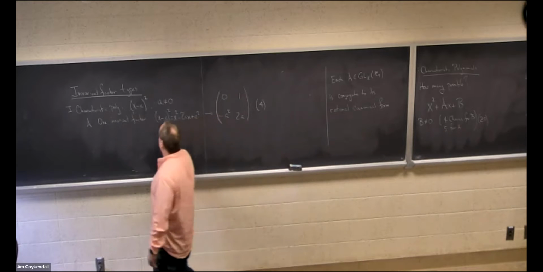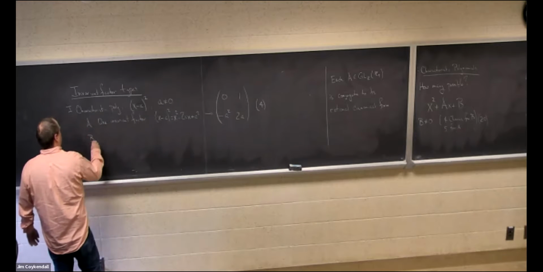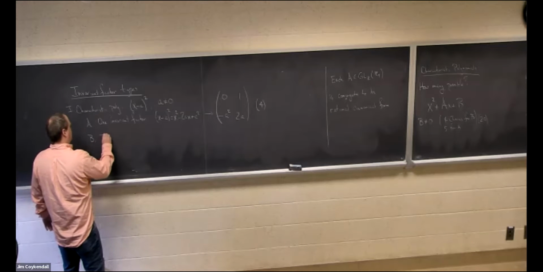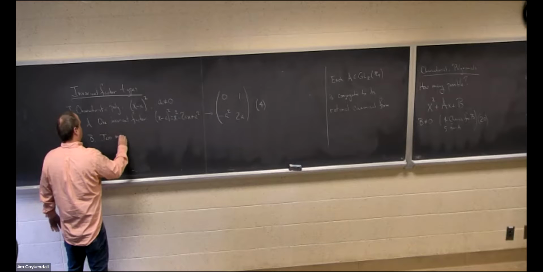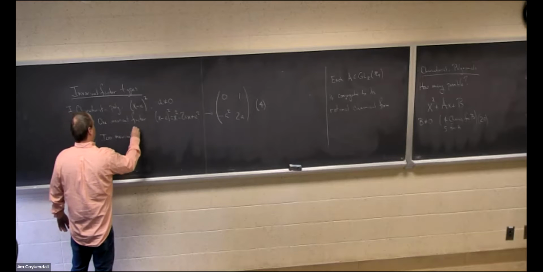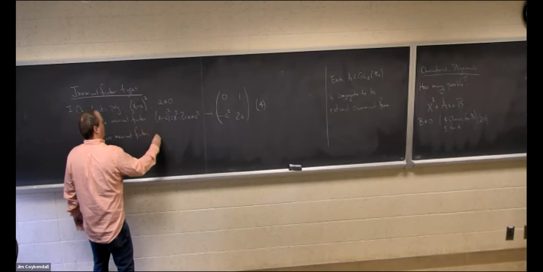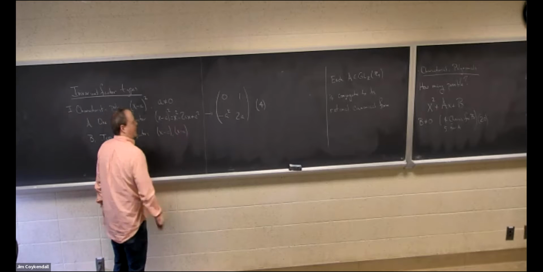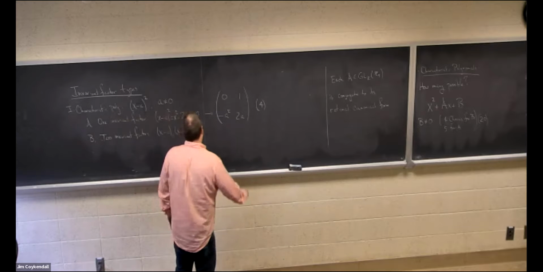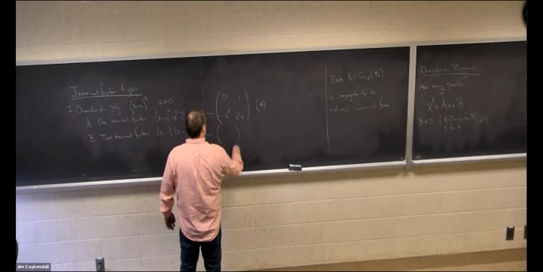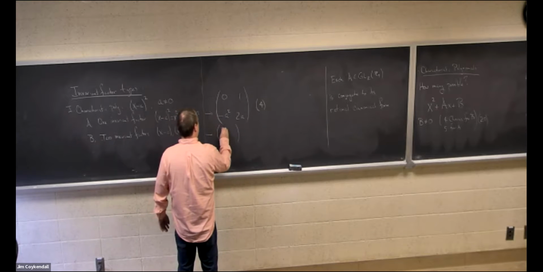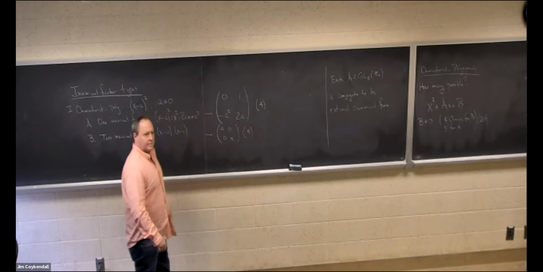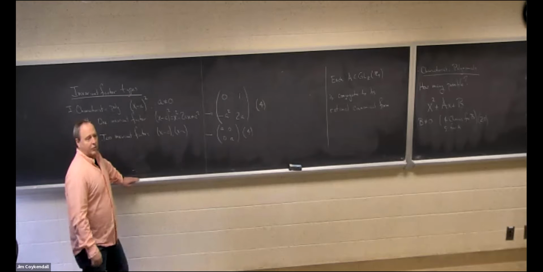What's the other case for this? Well, you'd have 2 invariant factors, x minus a, x minus a. And again, you got 4 choices for it.